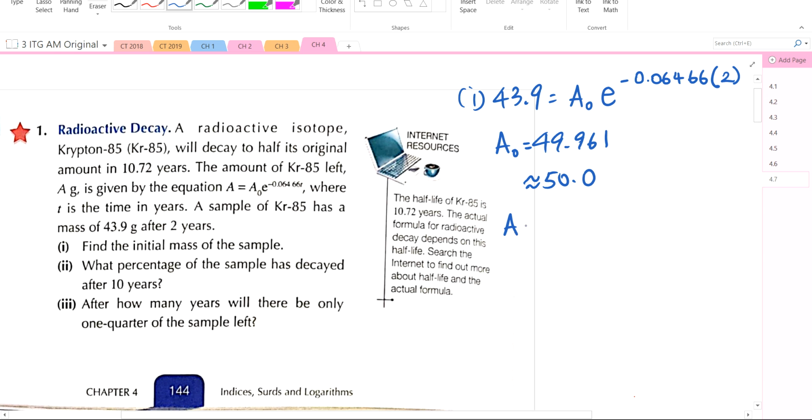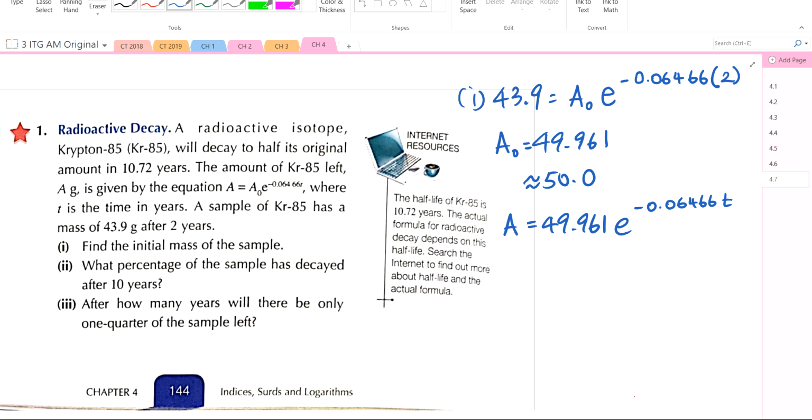So, mass equals to 49.961 times e to the power of negative 0.06466 t. Now, do you agree that my equation is now changed to this? Because A naught is a constant, right? All okay so far? Have I lost anybody?